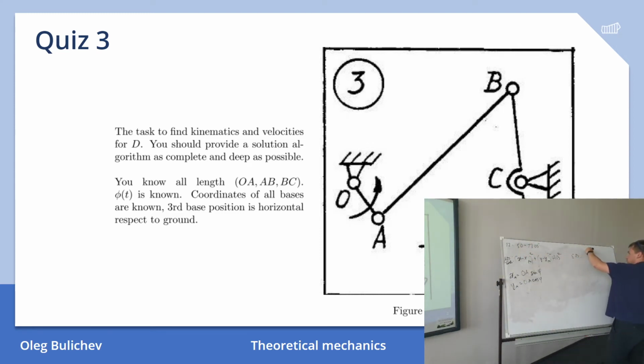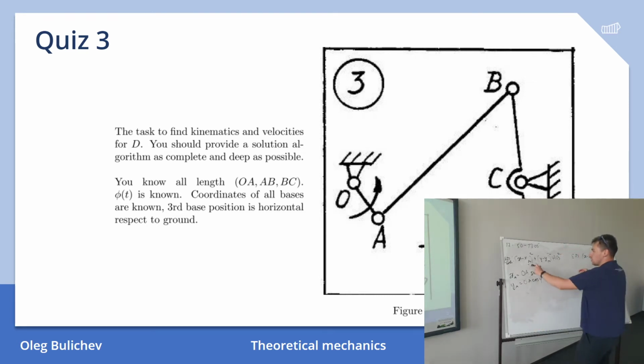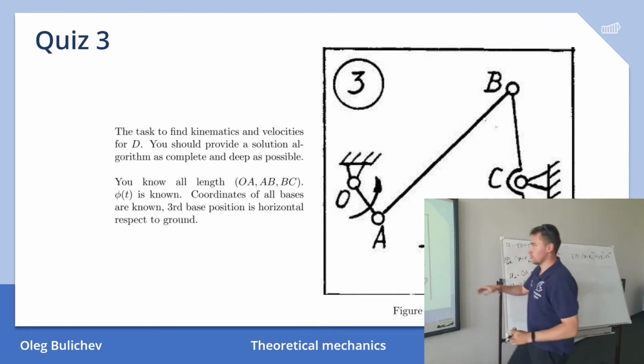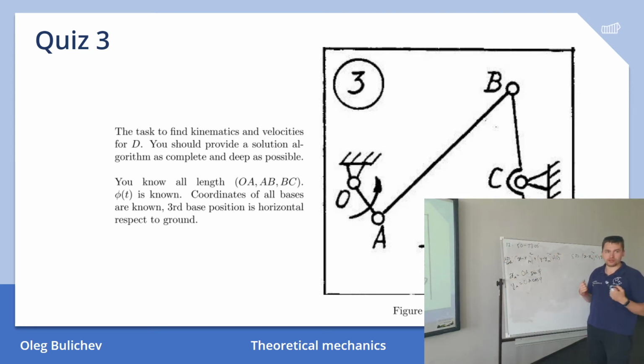In this case, you can write (x minus x_c) squared plus (y minus y_c) squared equals BC squared. This x and this x are equal because we try to find the intersection. So you write a system of non-linear equations and you will find B. If you find this coordinate, you can use robotics methods, changing frames or whatever you like, to find angles.